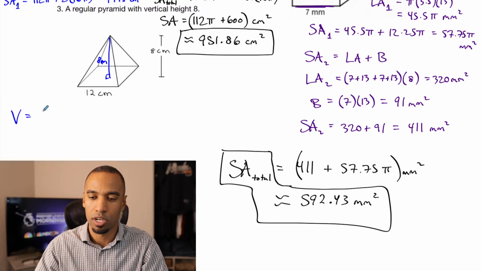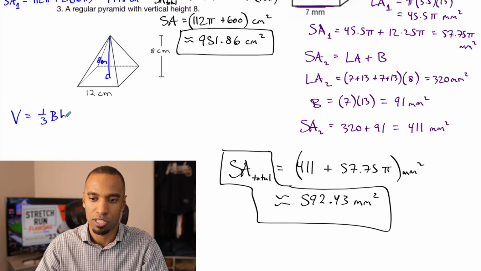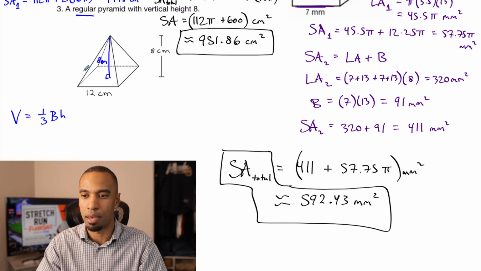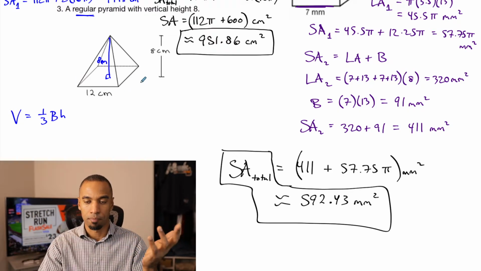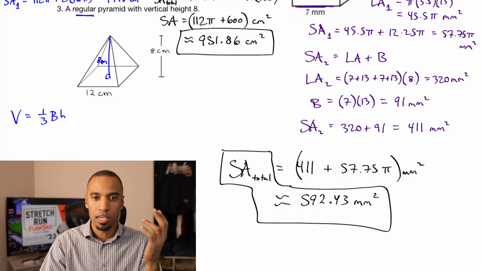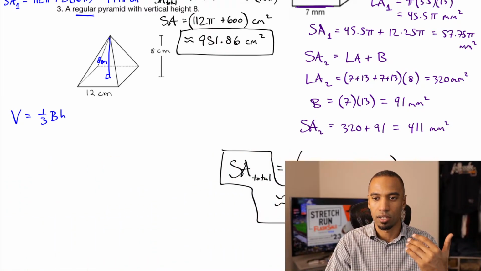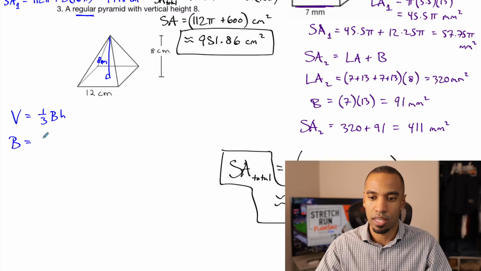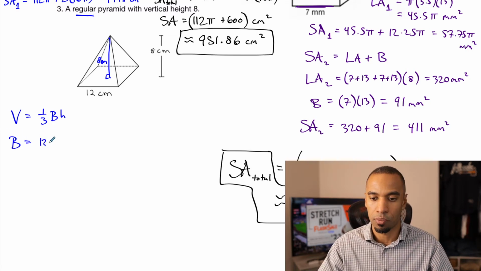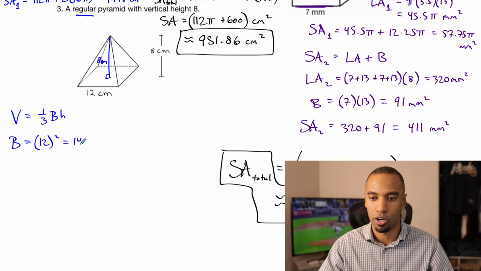So the volume is going to be, of a pyramid, 1/3 area of base times height. It is a regular pyramid. That means the base has all equal angles, equal lengths there. It's a square. So the area of the base there, and I need area of base for surface area anyway, is 12 squared, which is 144.